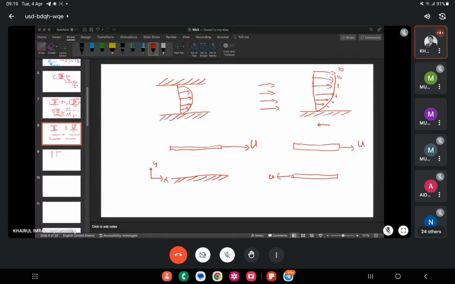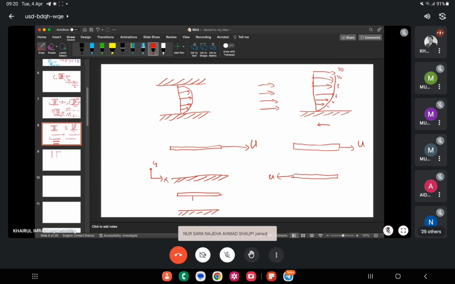Oh, dia tak boleh sama Ashraf. Katalah plate yang atas dan yang bawah fixed plate. Sekarang ni tak bergerak. Velocity dia kosong, so profile dia macam ni, straight line.